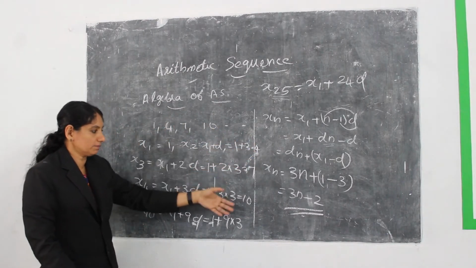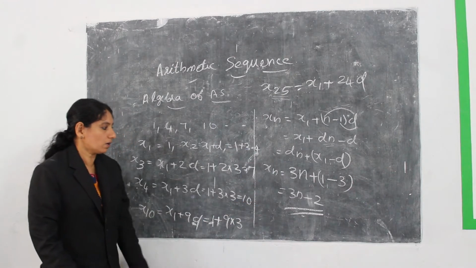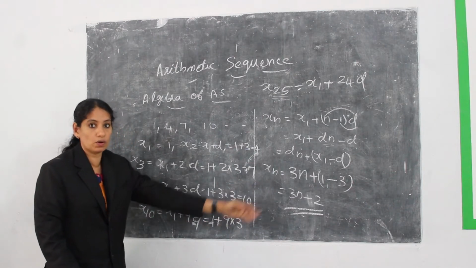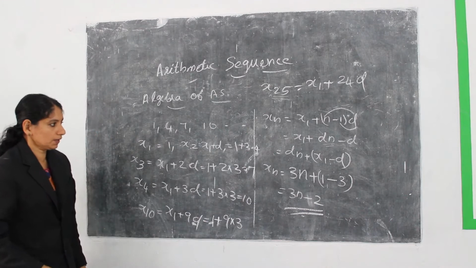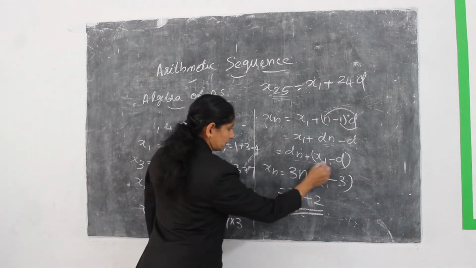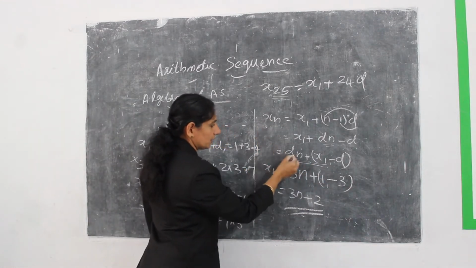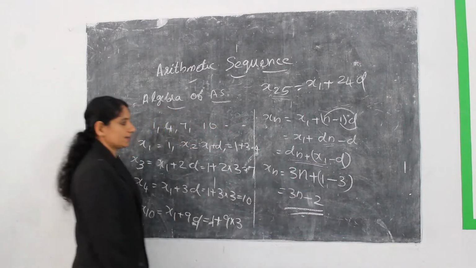Another name is general form or nth term. Then this formula is very important: xn equal to dn plus x1 minus d.